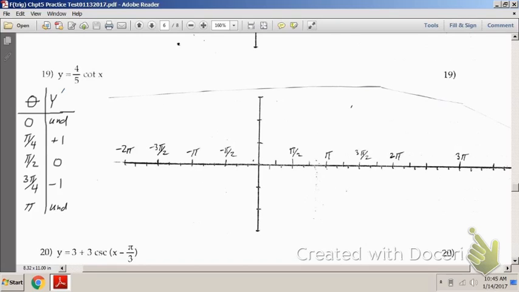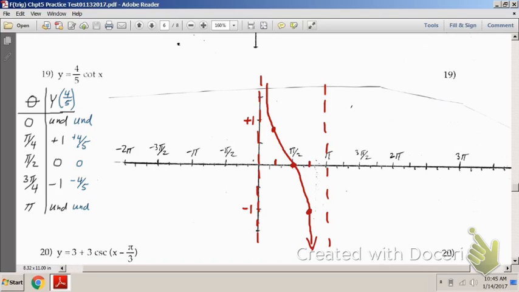I multiply all my y values by 4/5, and bam, you're done. Now we're ready to plot this thing. Okay, backwards S curve, done.